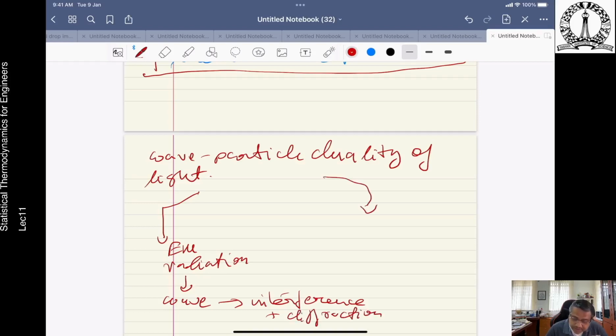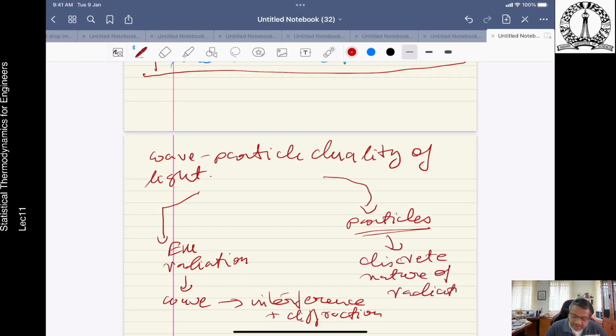And then sometimes it will act as particles. Remember, the photons are actually bosons. When the particle nature of the light dominates, the radiation is discrete. This leads to the discrete nature of radiation.